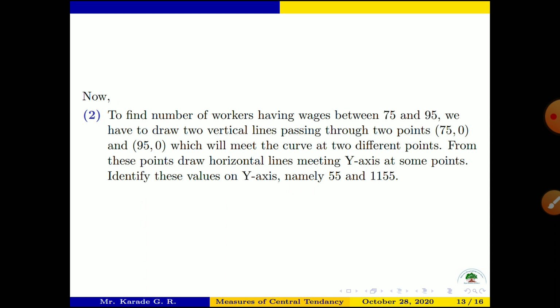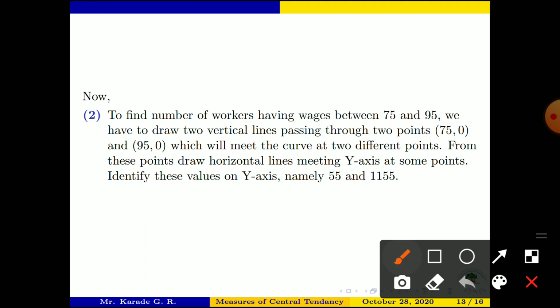Identify these values on the y-axis, and these values are 55 and 115. There is a mistake here, it must be 115.